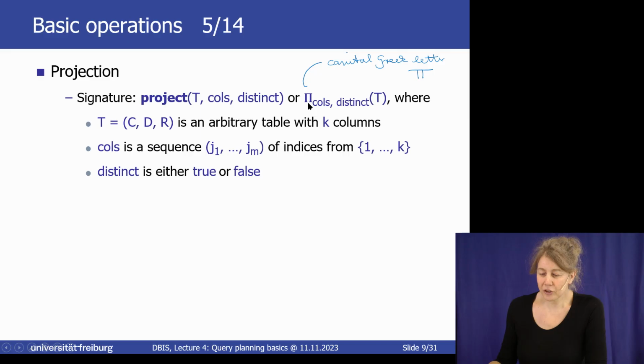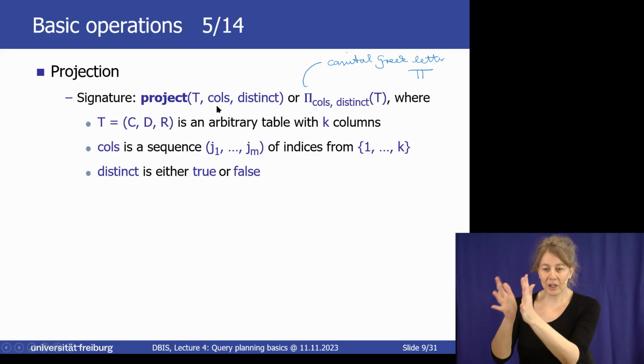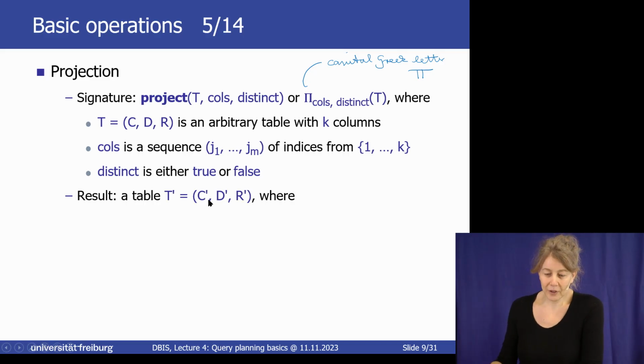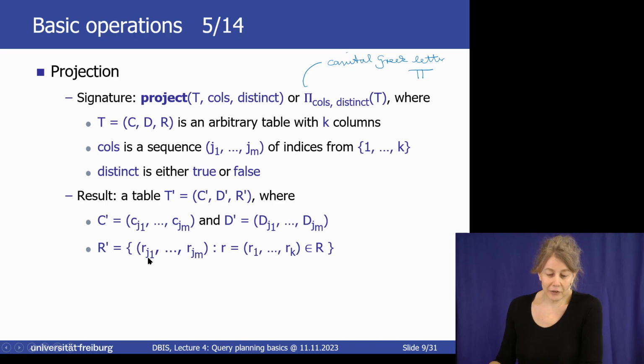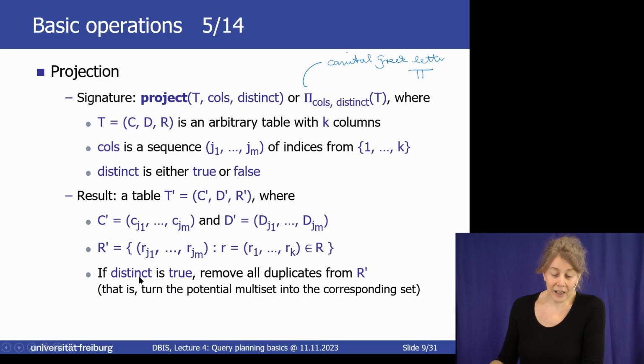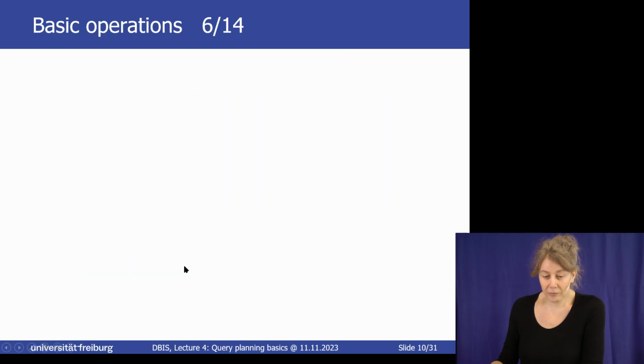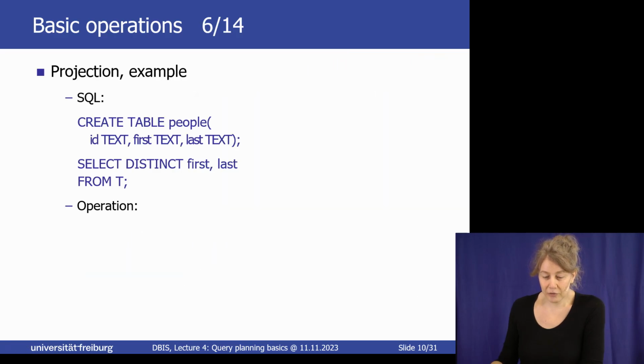It's not important, just in case you read some literature. So why is it called project? It just means I have a table and I want certain columns only. You just have those columns which you selected. They have the domains from the original table. And now for each row, you just take the selected columns. And now, depending on distinct true or not, you remove the duplicates or not. Let's just see an example for that.